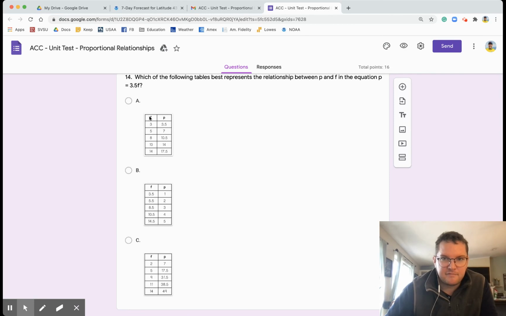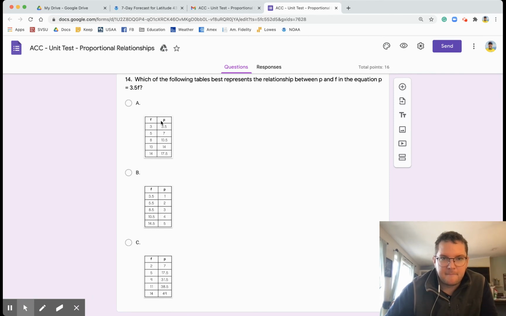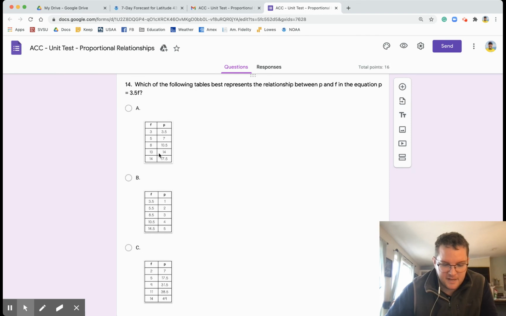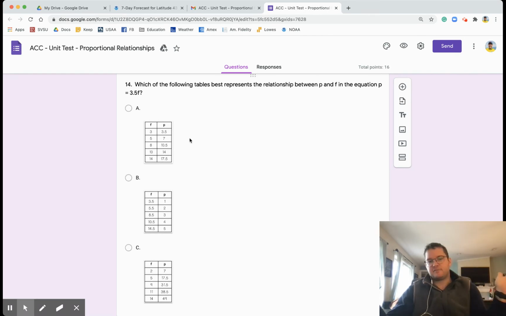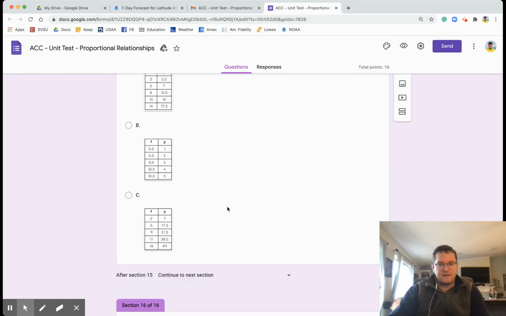So F for all 3 of these is your X, and P is your Y. So guys, all you're doing for this is Y over X. So you just need to find which one is 3.5. So this one, this would be 3.5 over 3. So if you think that equals 3.5, you'd need to find the one that equals 3.5. And I can see it right now.